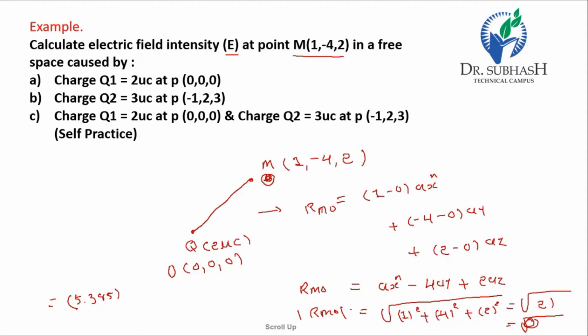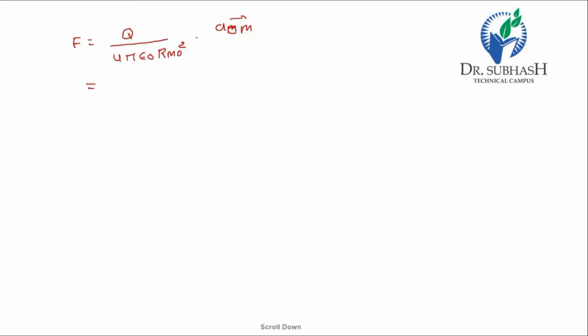Here Q is 2 microcoulomb, so 2 cross 10 raised to minus 6, 4 pi cross epsilon 0, where the value of epsilon 0 is 8.854 cross 10 raised to minus 12.